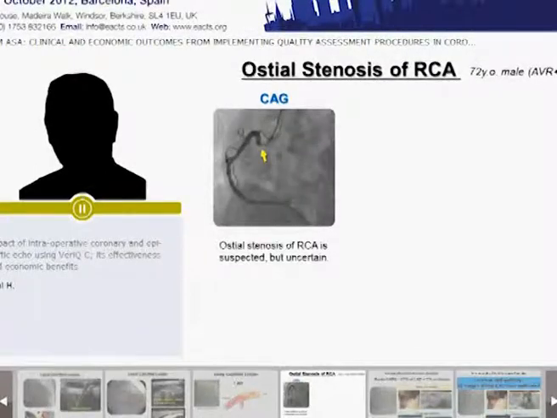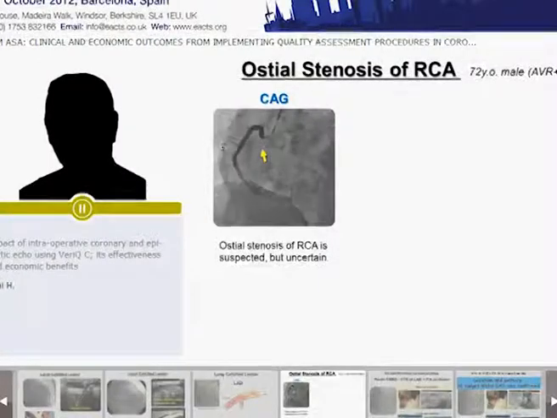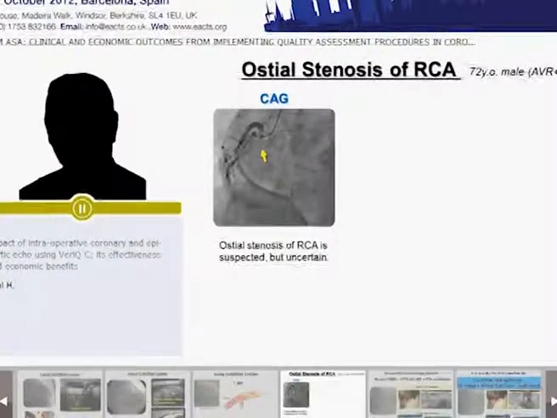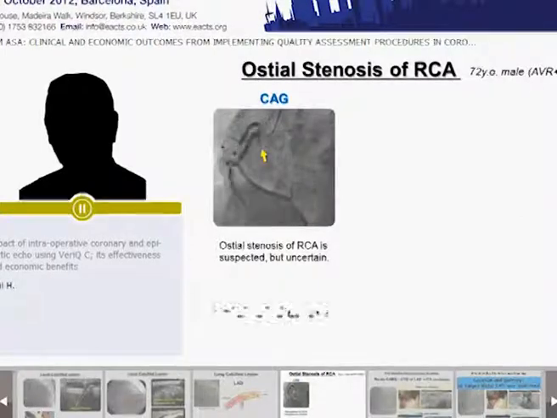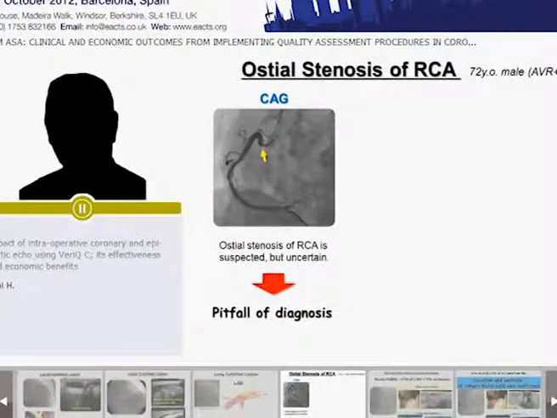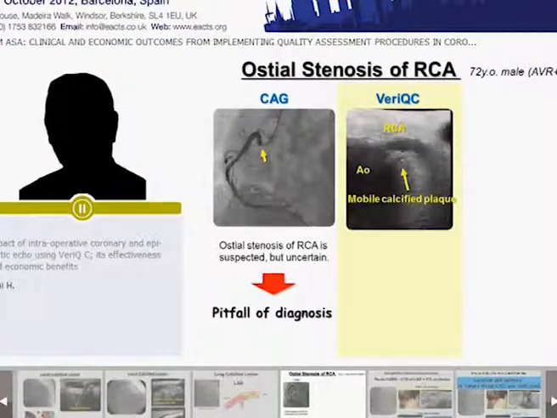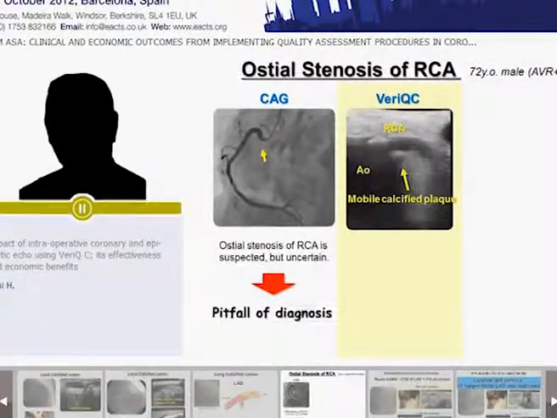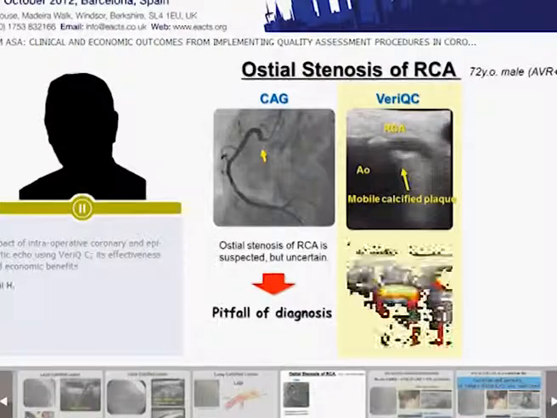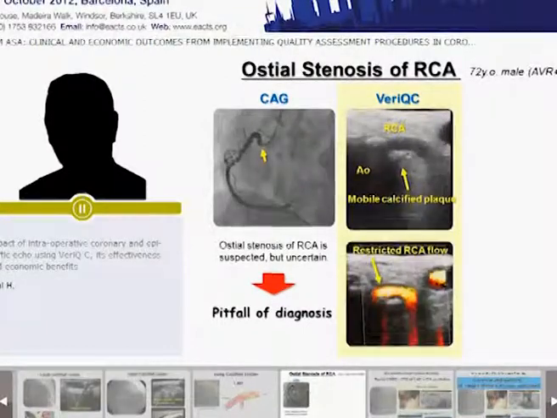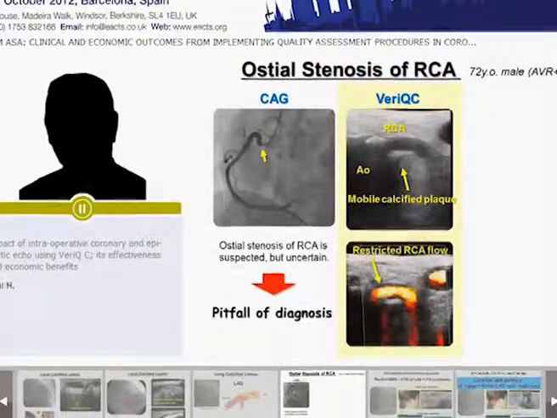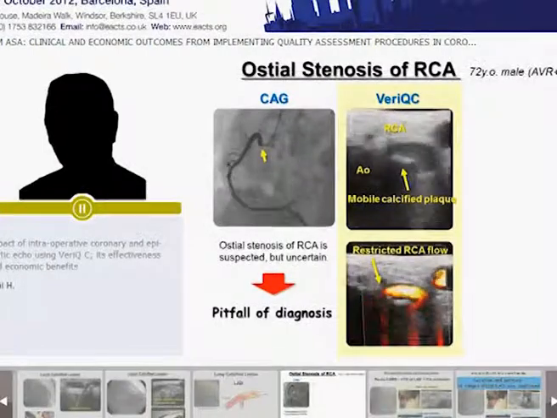This is a kind of pitfall of diagnosis. It looks like there is an ostial stenosis of the right coronary artery. It's suspected but uncertain, which sometimes happens. For this patient, I checked just the orifice of the right coronary artery and found a mobile calcified plaque there, and pulse waves showed restricted right coronary artery flow.